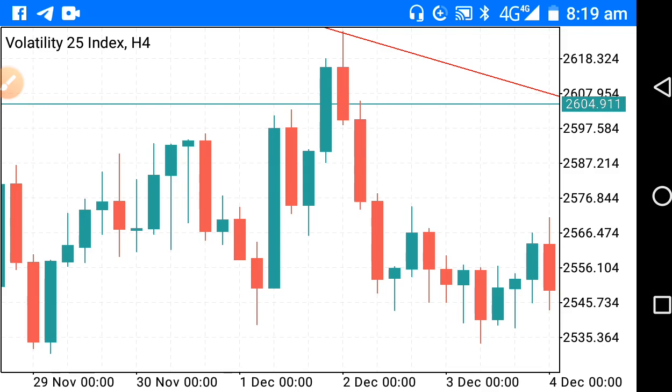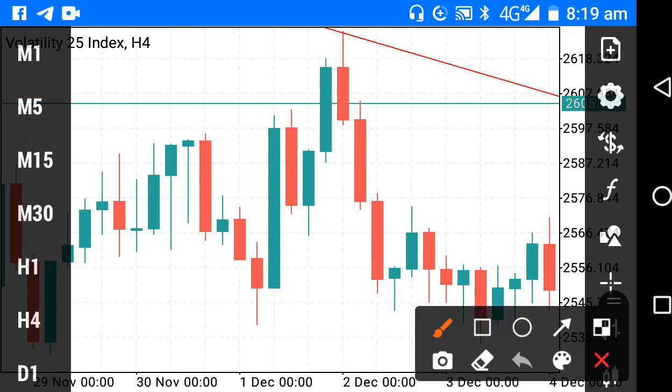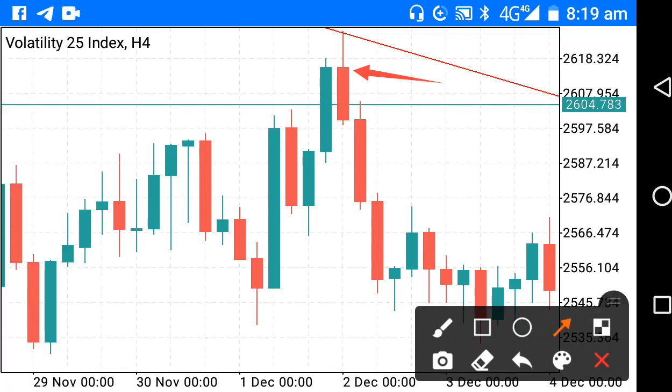So where is your entry, or how do you go about it? The first thing you can see here is that you have to wait until this candlestick closes. If you don't understand what it means when a candlestick closes, refer to my video on how a candlestick is formed, and you know what it means when we say a candle closes.